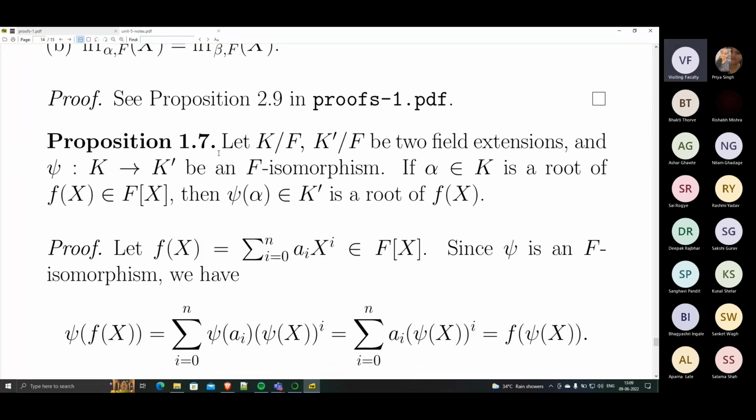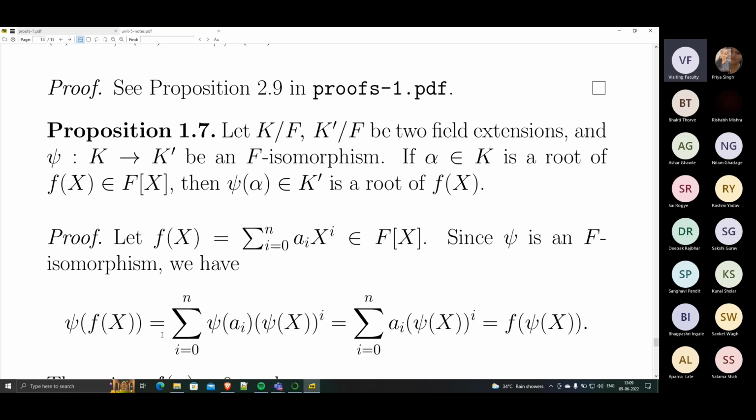Psi is a ring homomorphism, right? If it's a field homomorphism, it's a ring homomorphism. If it's a field isomorphism, it's a ring isomorphism, right? So just pass this polynomial under psi. The polynomial will split the sums, and it will also split the products, because it's a ring homomorphism, right? So it doesn't matter what x is, it will just split through all of these sums and products.